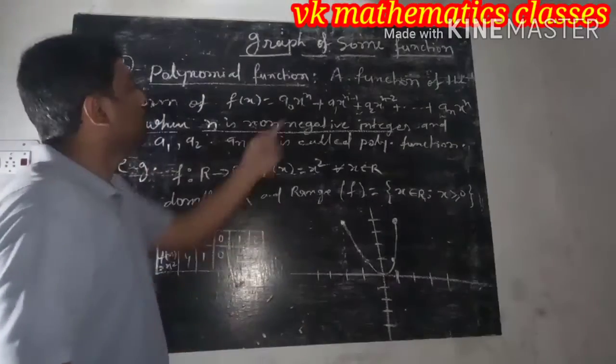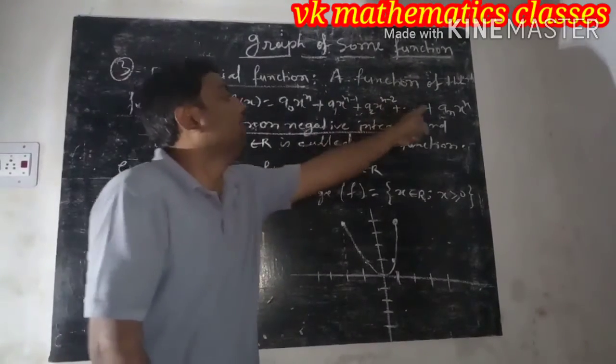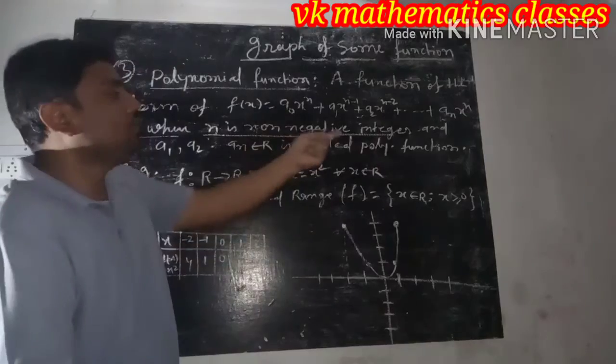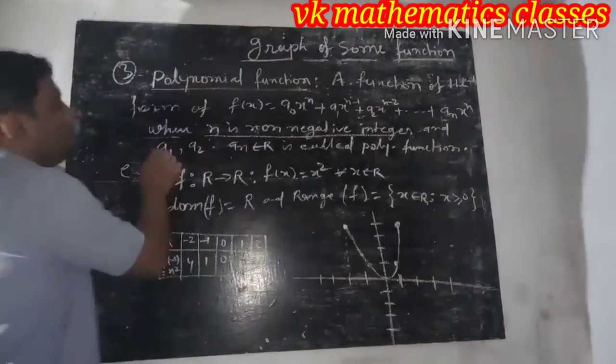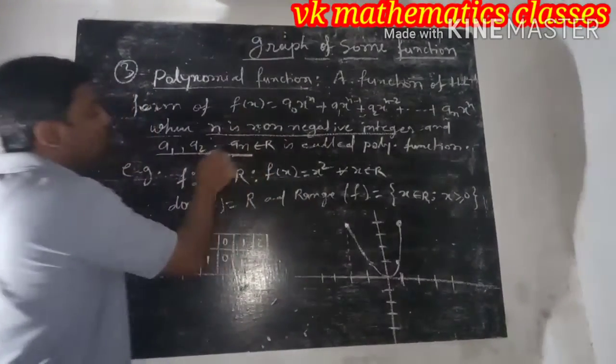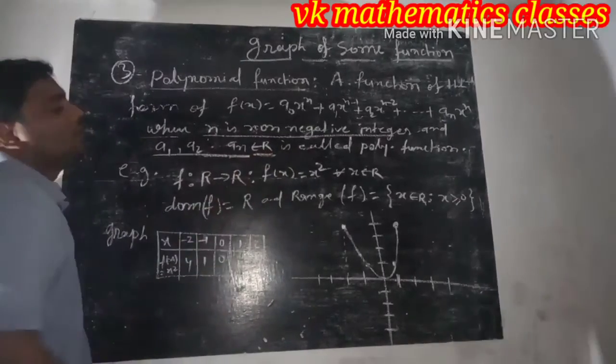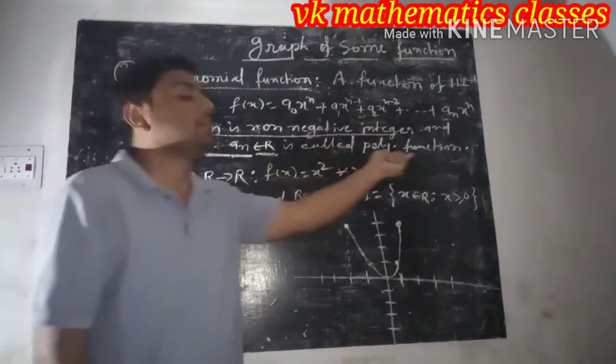Here the power of the variable is a non-negative integer, and a0, a1, a2 and an all belong to R. This is called a polynomial function.